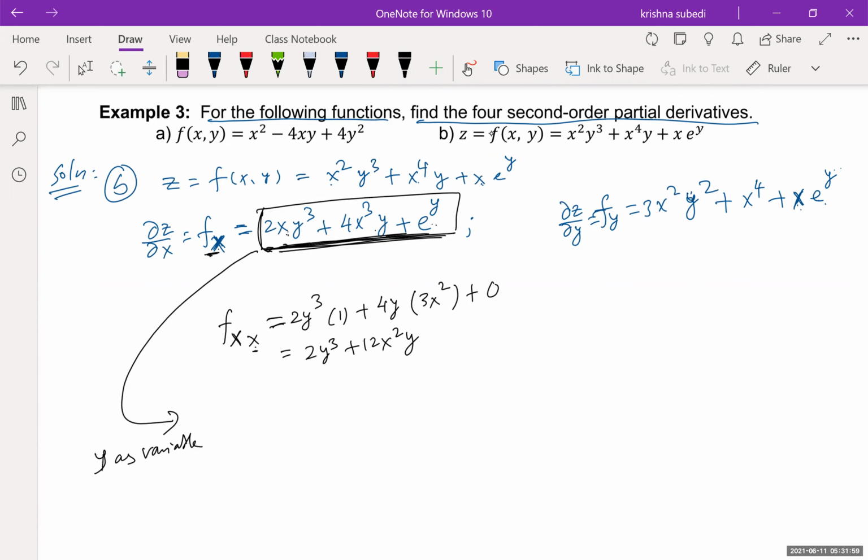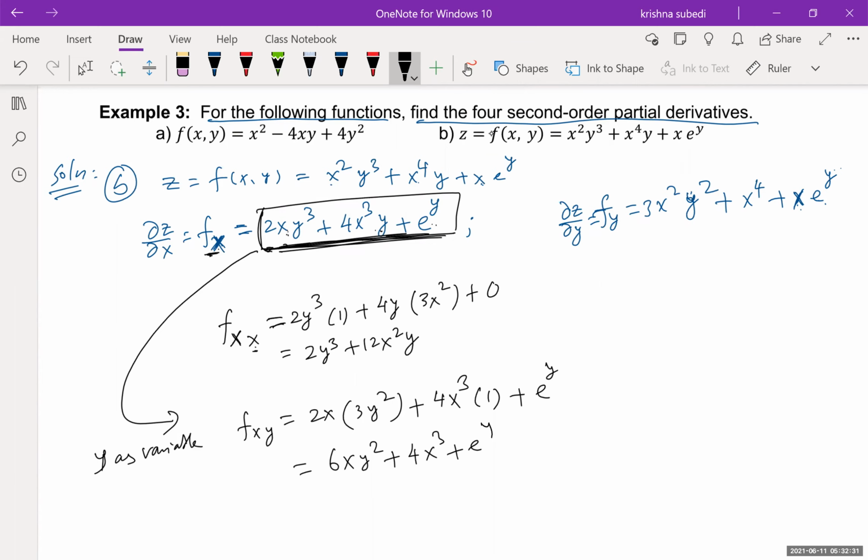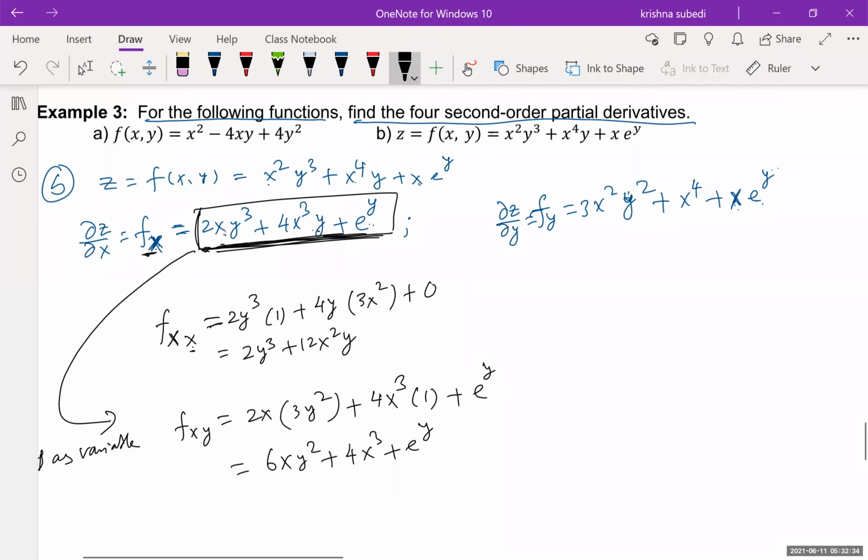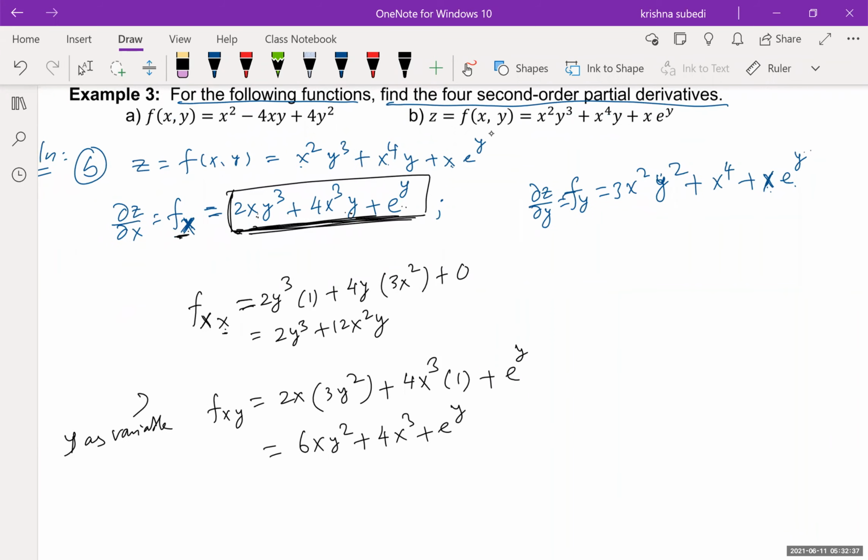So let us try that. y is variable, so 2x is constant, I just copy it as it is, and the derivative of y cubed is 3y squared, plus y is variable and x is constant, so 4x cubed will be constant and the derivative of y is 1. And the derivative of e^y is simply e to the power y. So the answer is going to be 6xy squared plus 4x cubed plus e to the power y. Okay, done. Any questions so far?